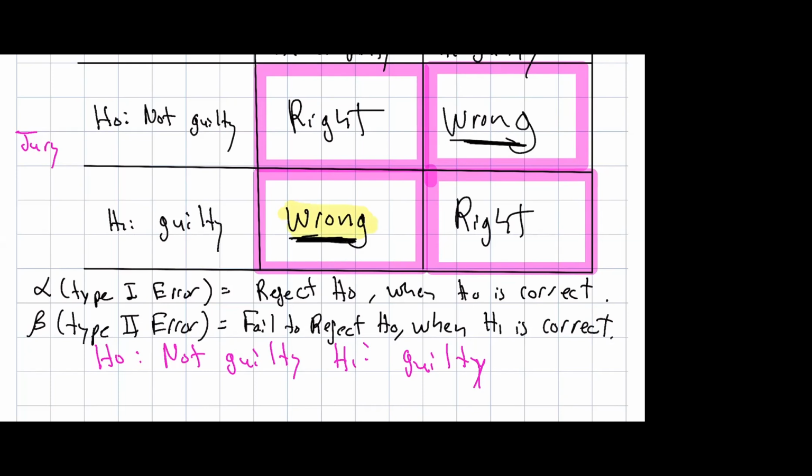Do you think it's a type 1 error or a type 2 error? All right, cool. Time is up.